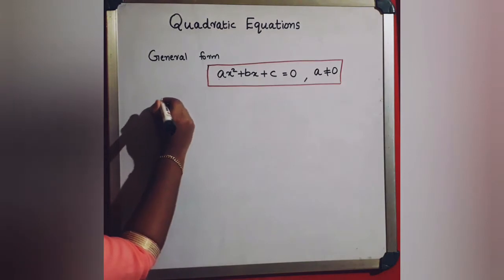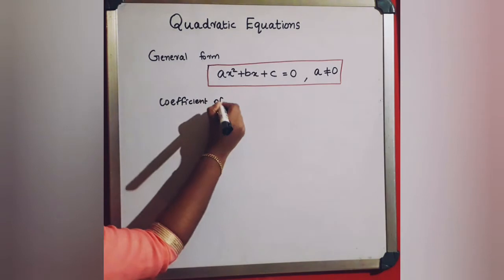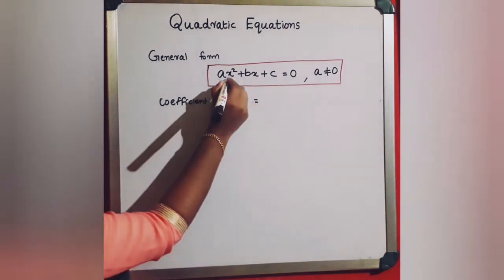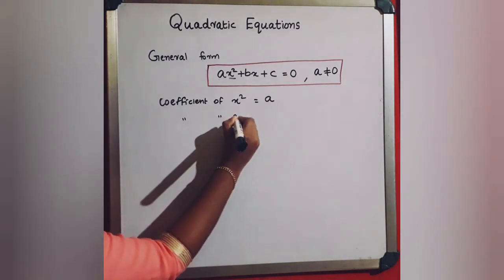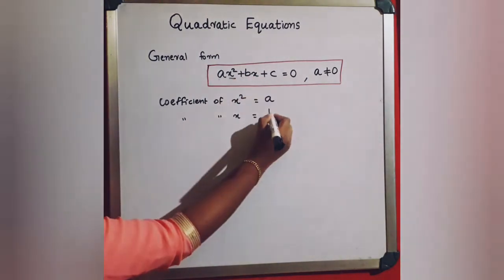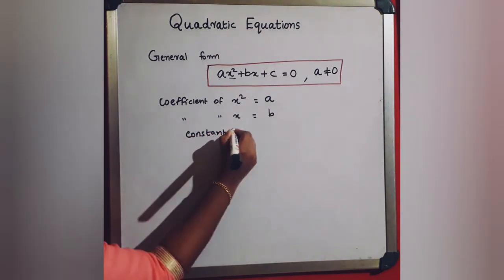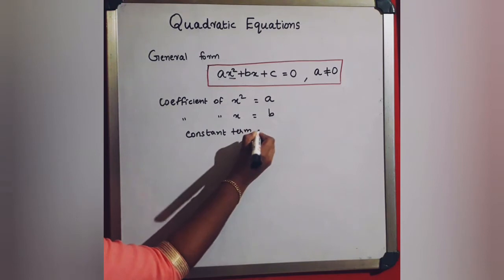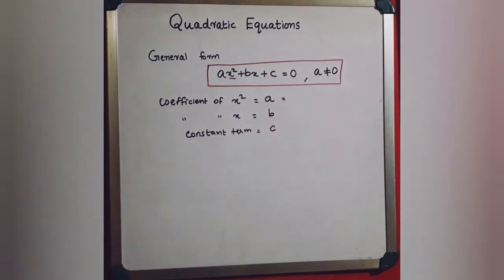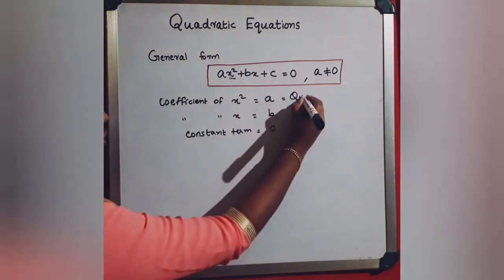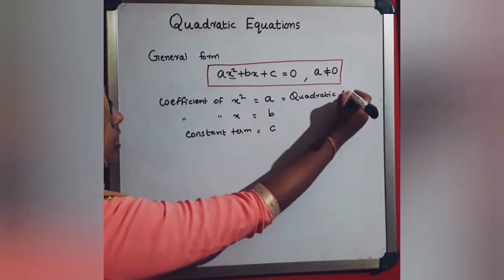Here the coefficient of x square is a, the coefficient of x is b, and the constant term is c. The coefficient of x square is known as the quadratic coefficient.